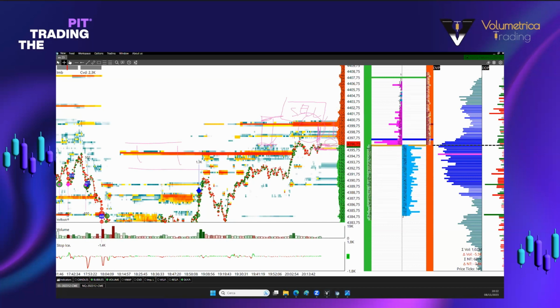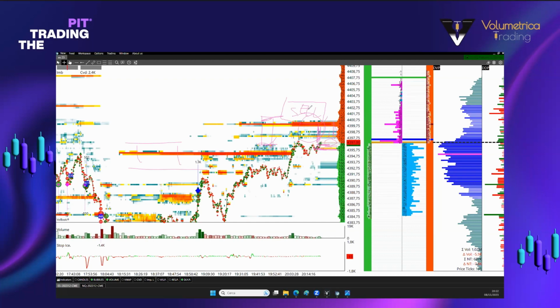If Heatmap is showing passive orders above price, they can only be selling limit orders. So those are sellers, and in order for price to get past this area, we will need an equal or higher amount of aggressive buyers, which of course is not a given at all.